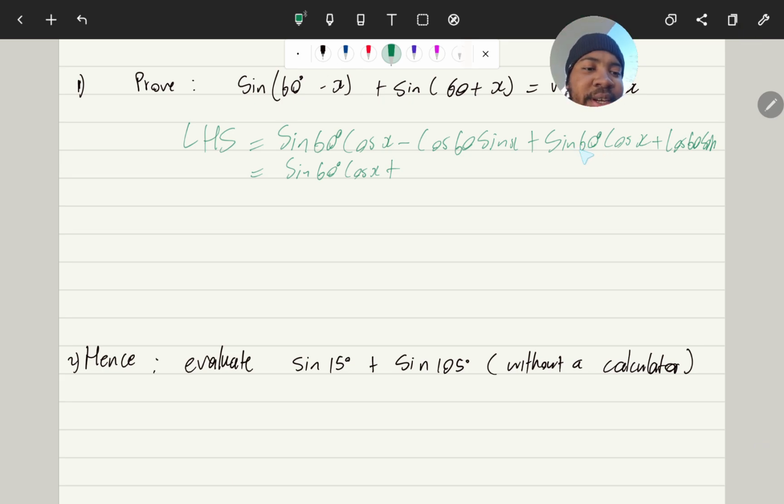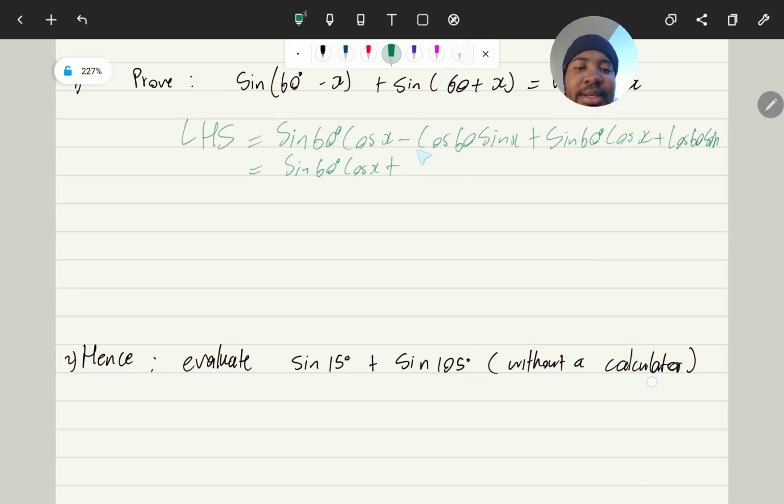Okay, and I have another sign here. It's just a matter of how you prefer to solve these things. Sine 60 cos x, and then I'm going to have minus cos 60 sine x plus cos 60 sine x.